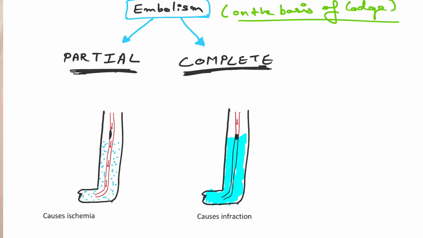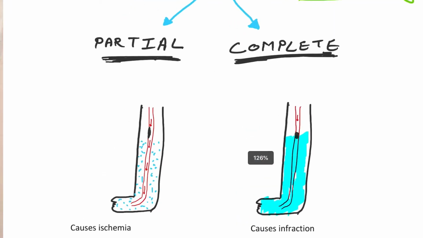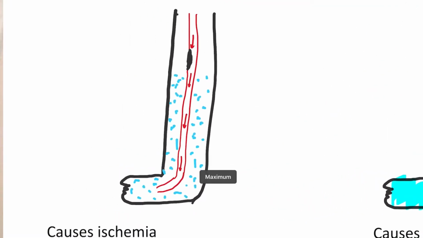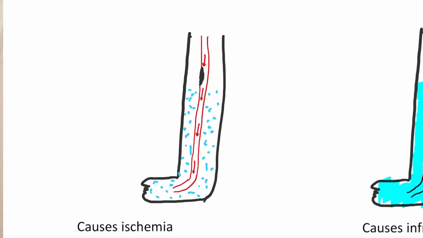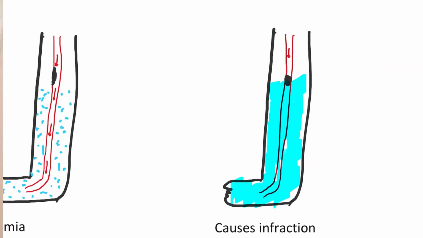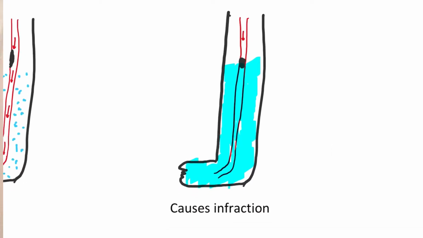In partial embolism, the artery is partially choked or lodged by the embolus, meaning blood still flows through the artery, but the effectiveness of the blood flow decreases. In complete embolism, the blood is not able to flow in the artery. So partial causes ischemia and complete causes infarction.